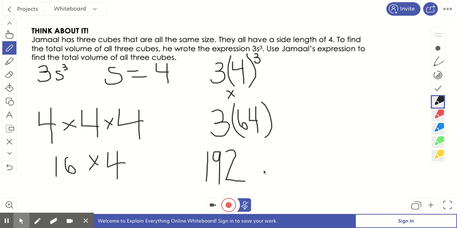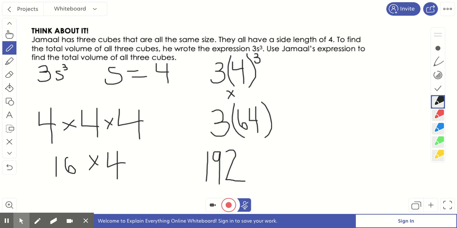Okay, so now I have found that the total volume of the three cubes is 192. You saw that my first step was to substitute. In using the language of sequencing, I could say, first I substituted 4 into the place of the variable.